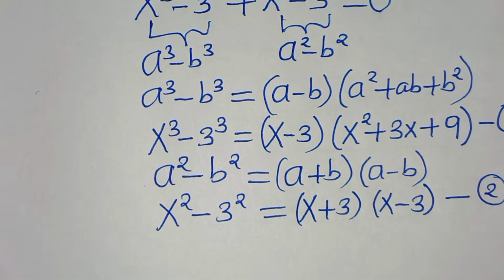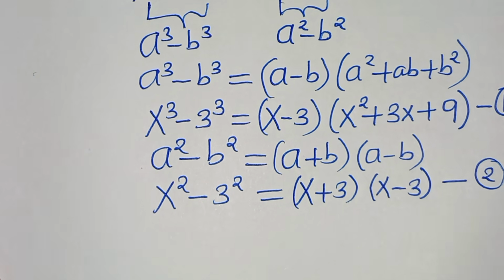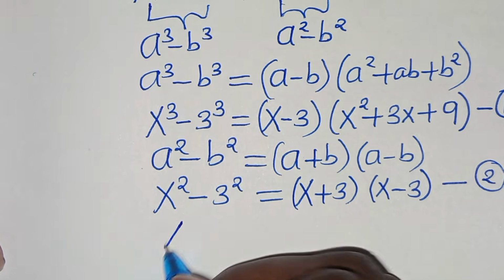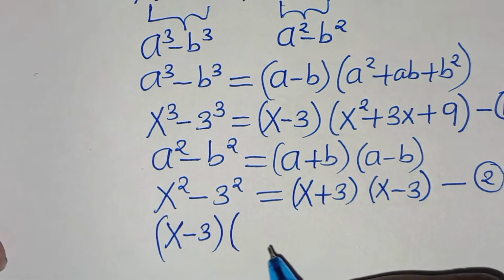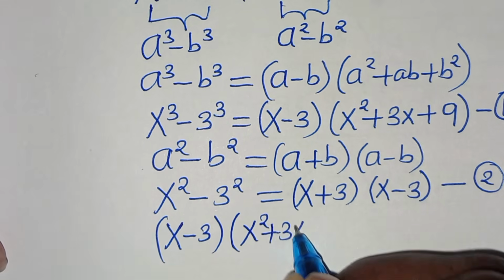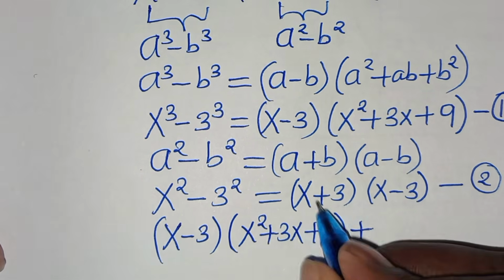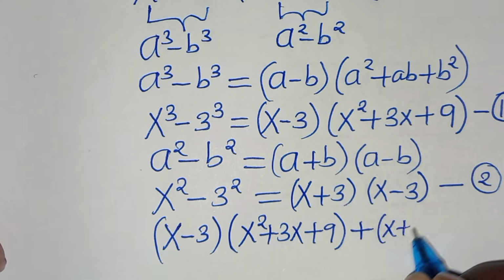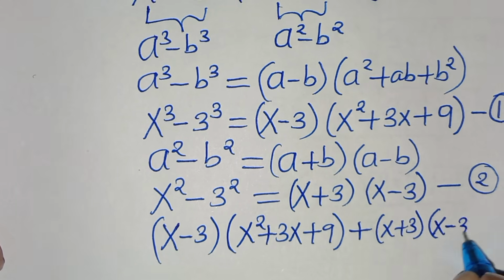So let's combine case 1 and case 2 here, so that now we have x minus 3 into the parentheses. This is x to the power of 2 plus 3x plus 9, then plus x plus 3 multiplied by x minus 3.